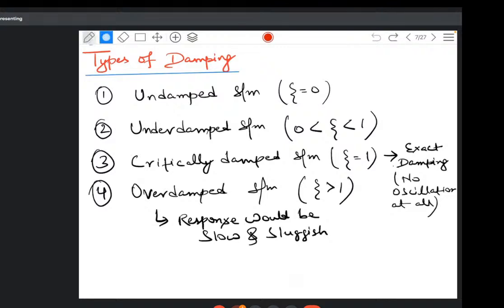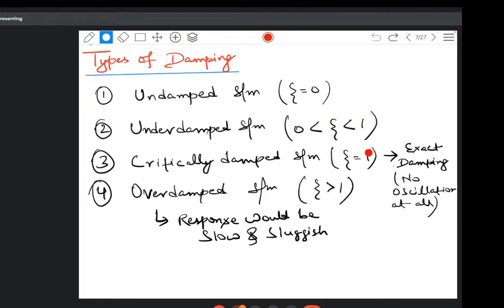For underdamped system, zeta will be greater than 0 but less than 1. For critically damped system, this is the ideal case. But this is what is accepted by most of the industries for practical control system analysis. Whenever you are doing transient analysis, basically we deal with underdamped system because this is the optimum, because here only you can take the optimum value of zeta. The optimum value of zeta ranges from 0.3 to 0.7. So here only you can find that.